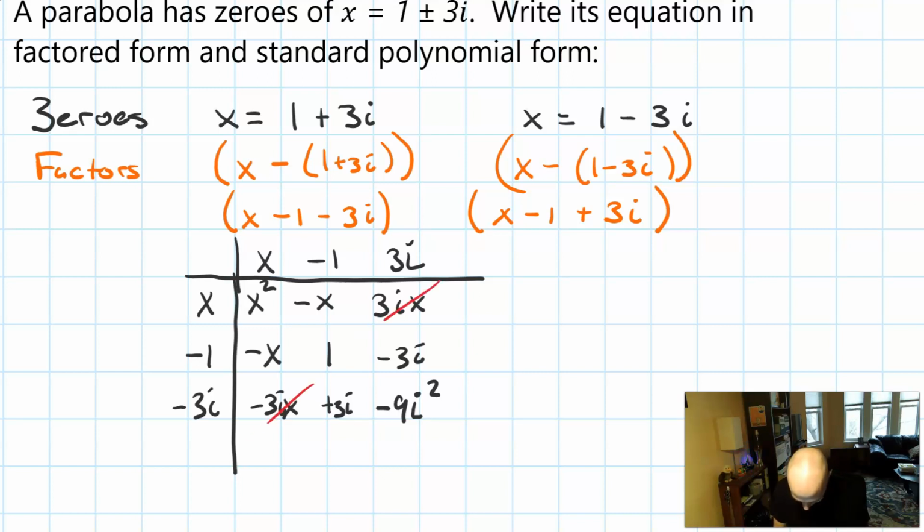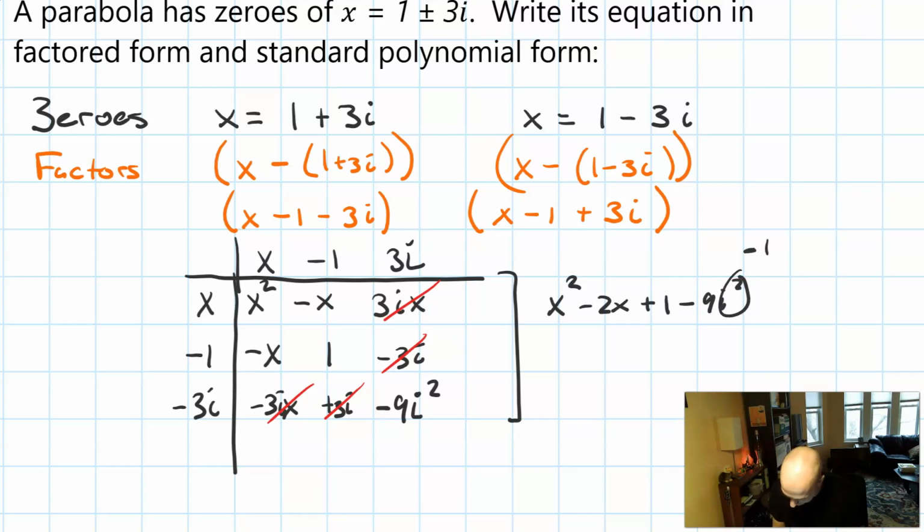Minus 3ix and plus 3ix, minus 3i plus 3i. The minus x's don't cancel out though, right? Those are both minus x's, so that's something to look for. So let's group all this up into x squared minus 2x plus 1 minus 9i squared. But wait, i squared is minus 1, so this is really like plus 9. So this is really x squared minus 2x plus 10.